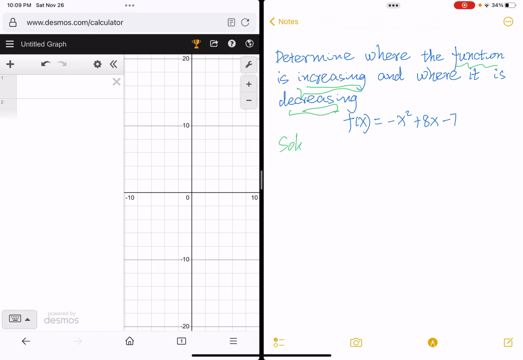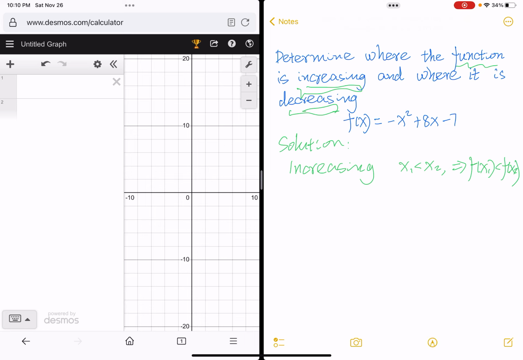Solution. Increasing is if x1 is less than x2, you have f of x1 is less than f of x2.